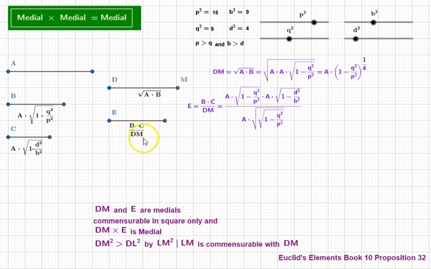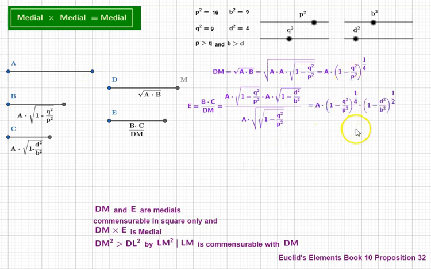E is equal to B times C by DM. So again, let's do substitutions. We get B, that is A times the square root of 1 minus Q square by P square, times C, where C is A times the square root of 1 minus D square by B square, divided by DM. DM is A times 1 minus Q square by P square to the power of 1 by 4, or the fourth root.